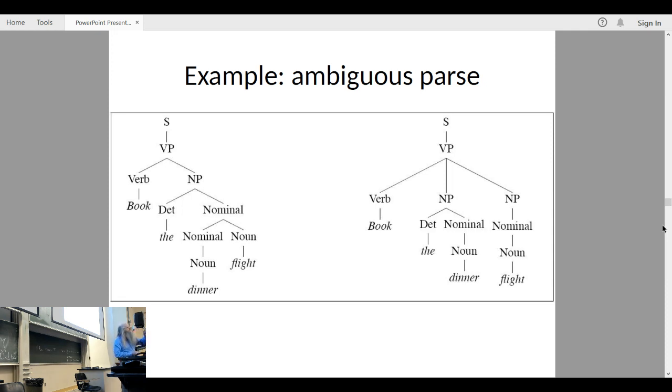So the person who is called Flight is being instructed to book the dinner. Well, the first one means book the flight that has the dinner. And probably we like the one on the left more than the one on the right. But they have the same words, and within the grammar that we're dealing with, both are valid.